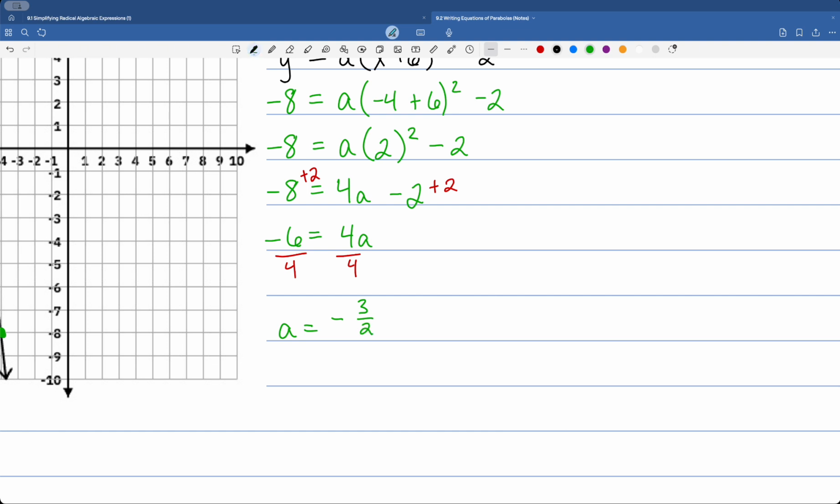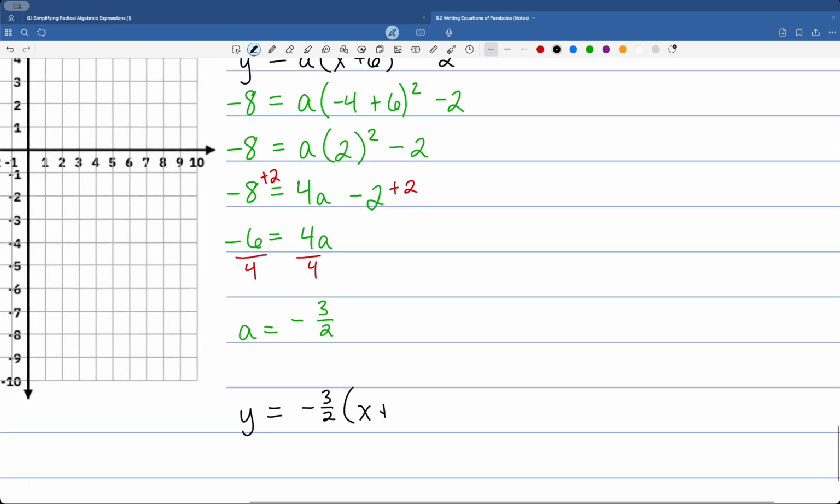So the final form, or in vertex form, you're going to get y equals -3 over 2 times (x plus 6) squared minus 2.